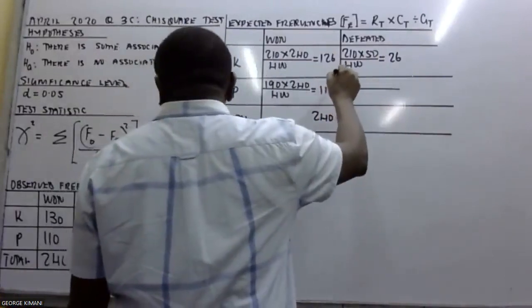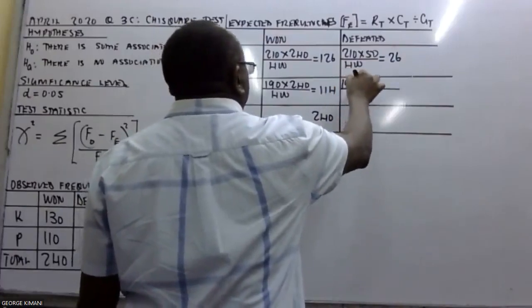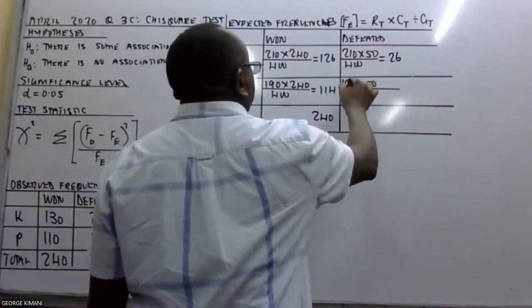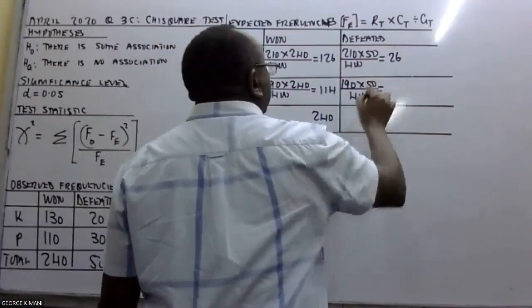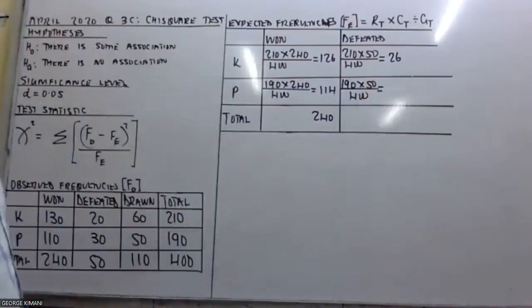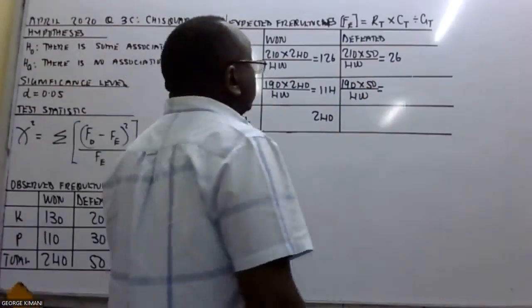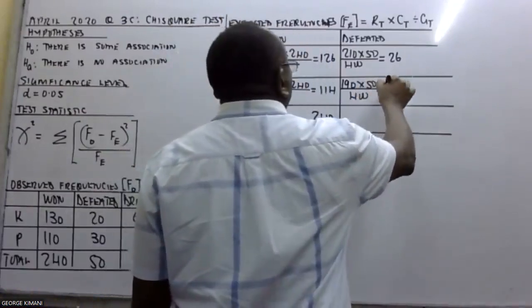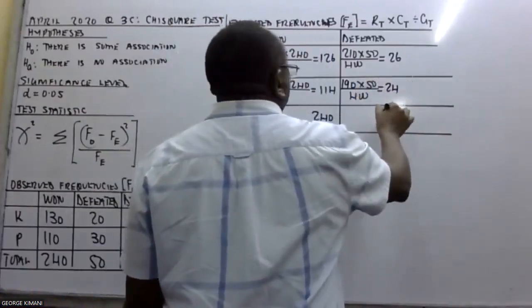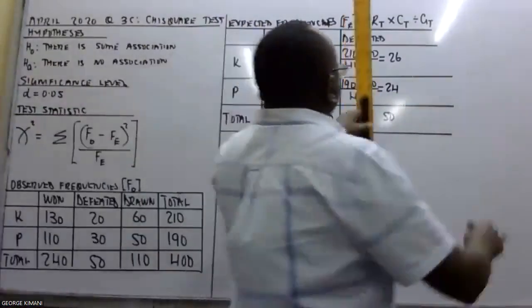Then here we have the row total 190, column total is 50, divide by 400. So we can make it 24. So that they add back to 50.